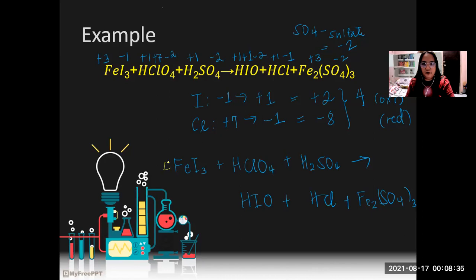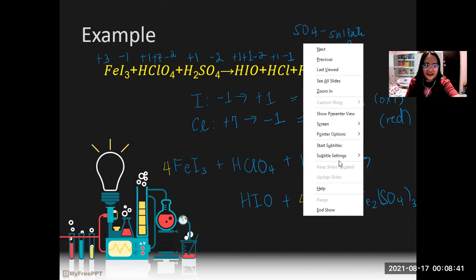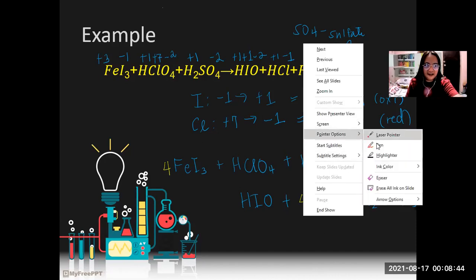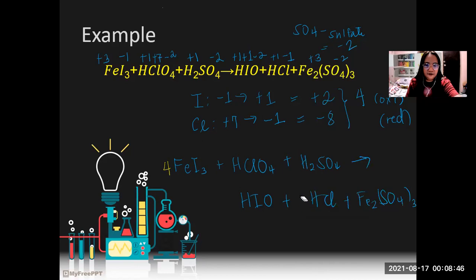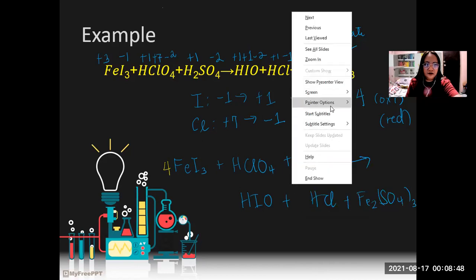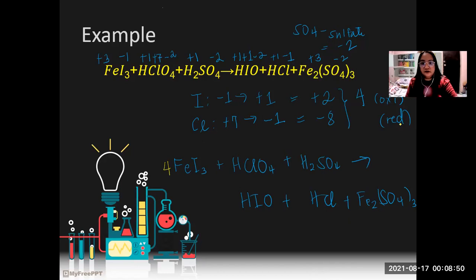Oh, sorry, that's not iodine. So here, let's put 4. And that's it. Because for chlorine, you just multiply chlorine compounds by 1.